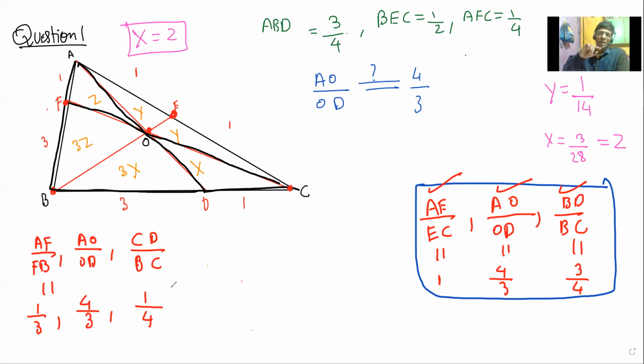That is happening because we are not labeling things cyclically. Last time we got saved because this was 1, so it didn't matter. But if you label things cyclically, then the collinearity condition also gives you ratios whose product is 1. This is now clear to us, isn't it?